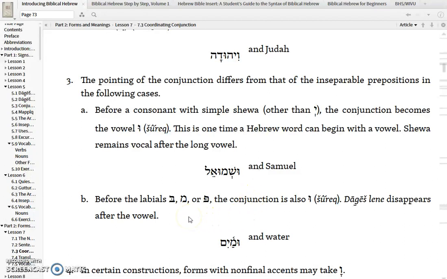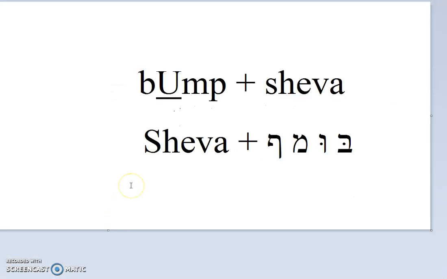And then before the labials, the bet, the mem, and the pay, it also becomes a shurik. I actually have a name for this. I call it the bump plus shavah rule. So if you add a conjunction to a bet, to a mem, to a pay, or to a word that begins with a consonant with a shavah under it, you're usually going to get the U. That's the bump rule.